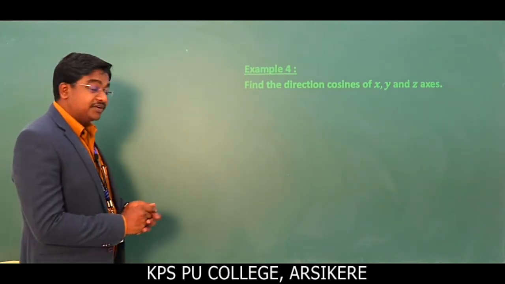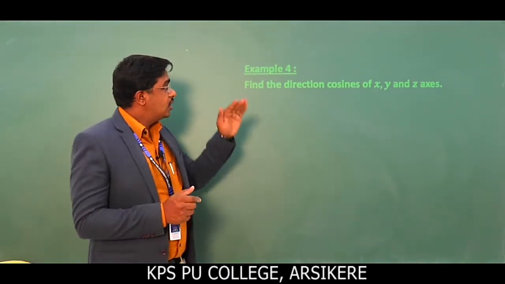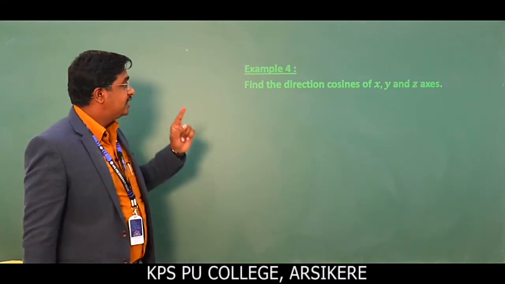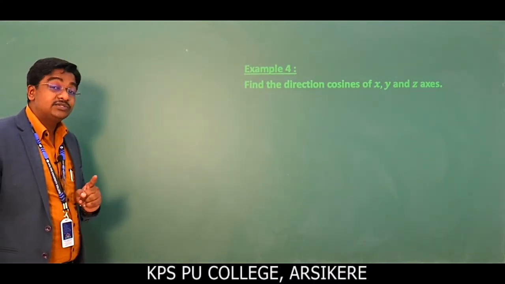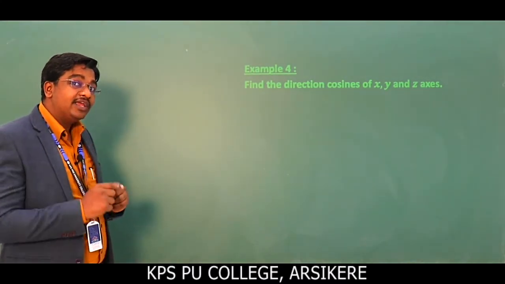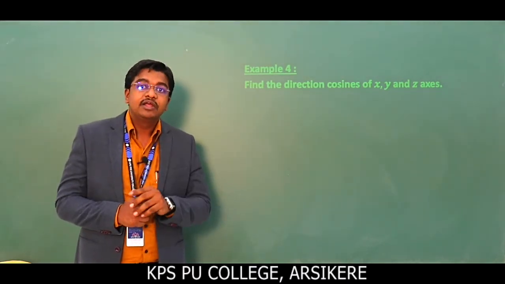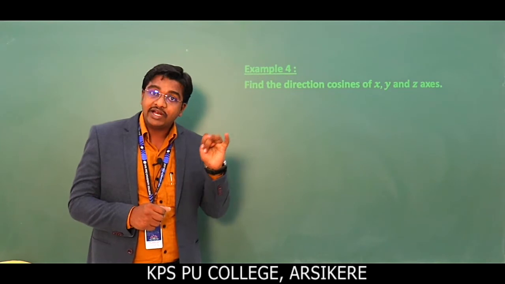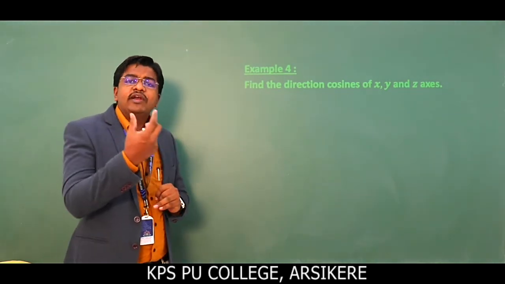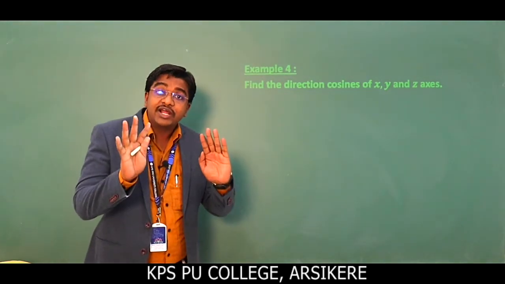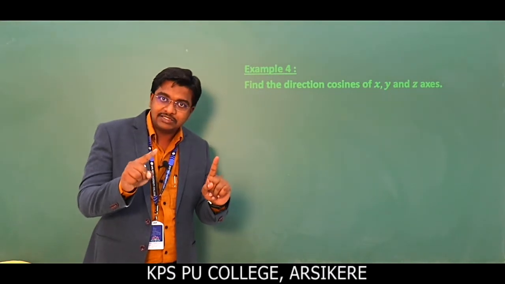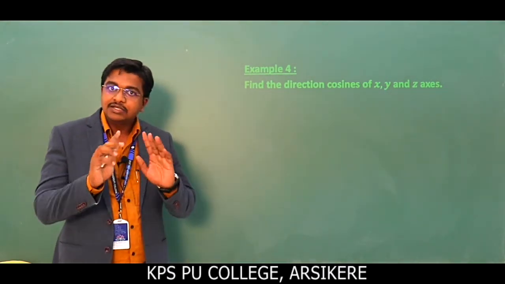So now dear students, moving to the next problem, example 4, find the direction quadrants of x, y and z axis. Just remember, in our last class note 1 we already discussed the direction quadrants of x, y and z axis. So how to find direction quadrants here? First find direction angles made by x axis, y axis and z axis.